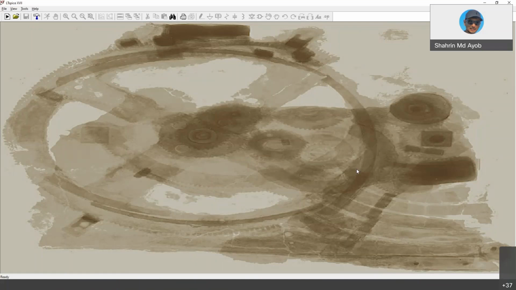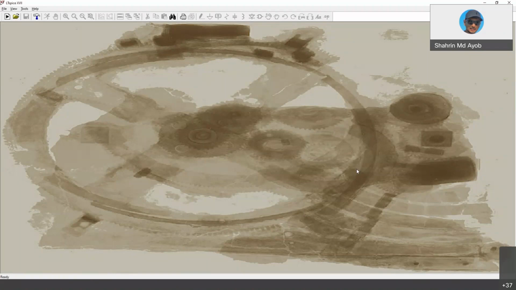Then we also have MATLAB Simulink, Multisim and so on. But for your syllabus and your level, I think it's enough just to introduce you to LTSpice.